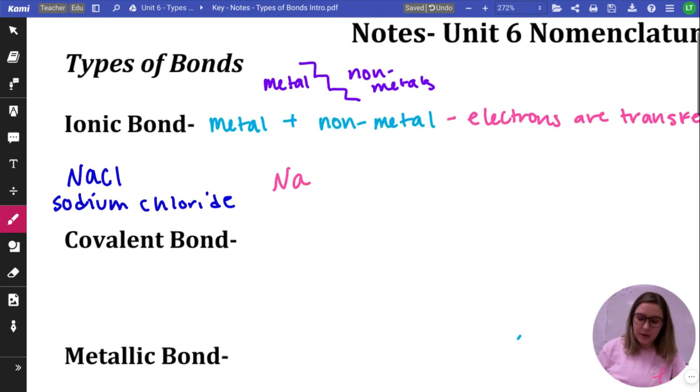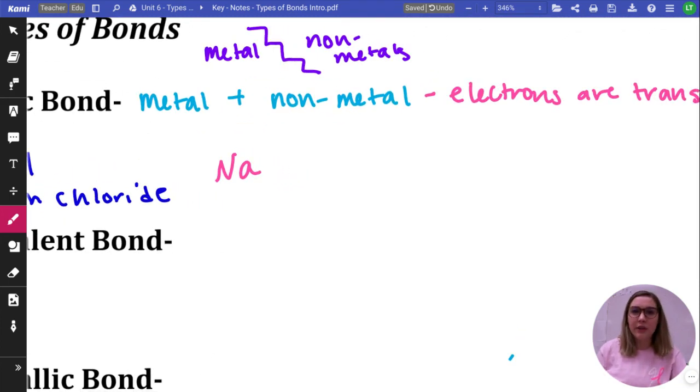That's its symbol on the periodic table, and I'm going to draw the electron dot configuration for Na. Drawing the electron dot configuration is really easy. It's just putting how many valence electrons are around our element as dots. For example, sodium is in my first group, so sodium has 1 valence electron, so sodium is going to have 1 dot around it.